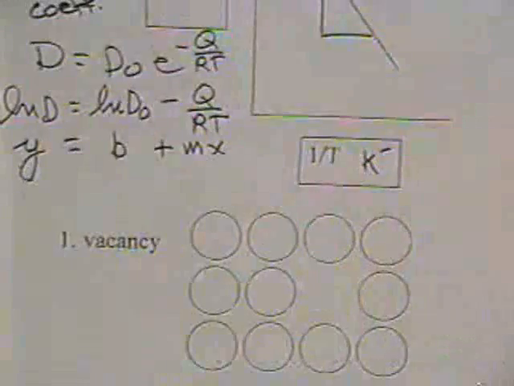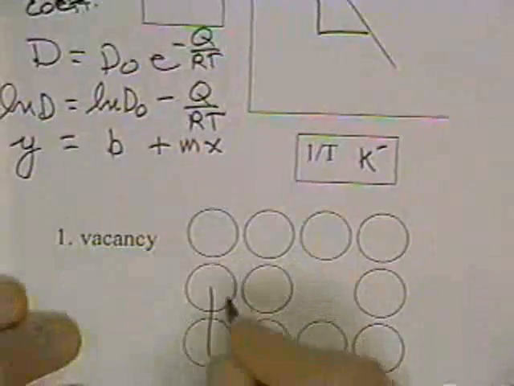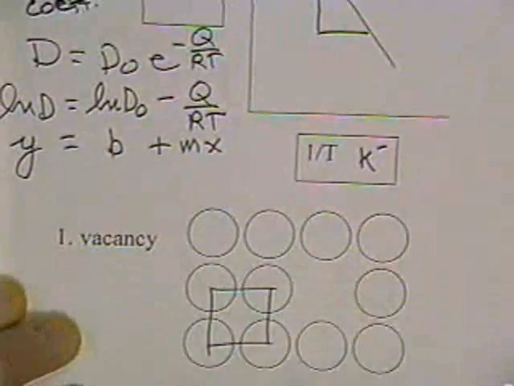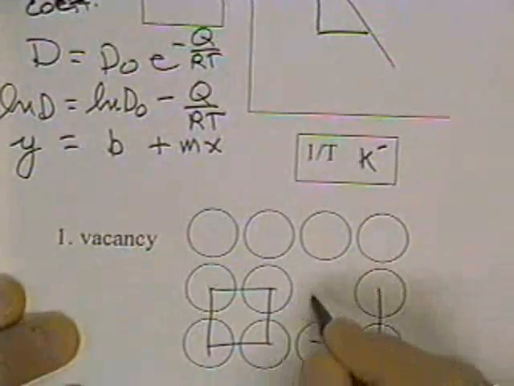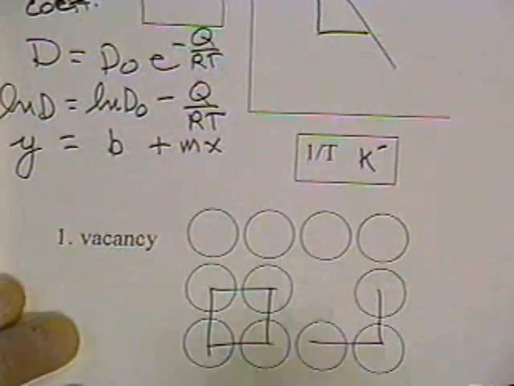And in the little two-dimension picture that I have on page 17, we can represent a vacancy diffusion. If we can imagine that this is a lattice and we're only looking at 2 dimensions, then there is an empty lattice site.